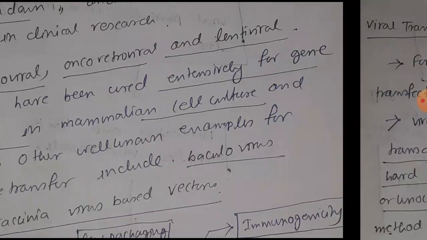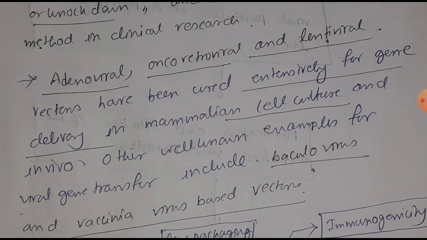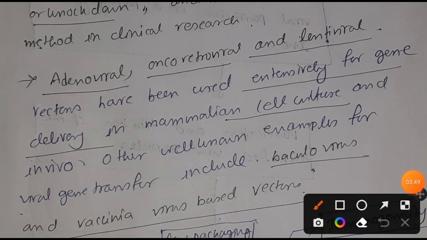Now we have various kinds of viral vector systems available. Among them, the most important types are adenoviral, oncoretroviral, and lentiviral vectors, along with baculoviral vector and vaccinia virus vector. We have discussed baculoviral vector earlier; it is used to transfect mainly insect cells.